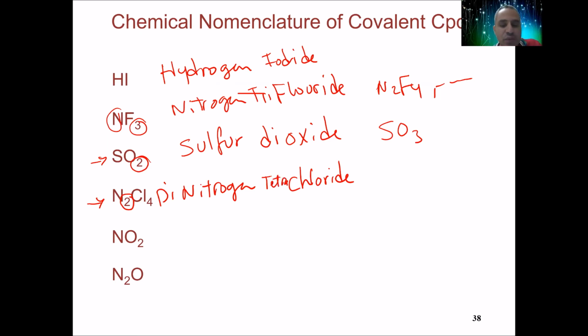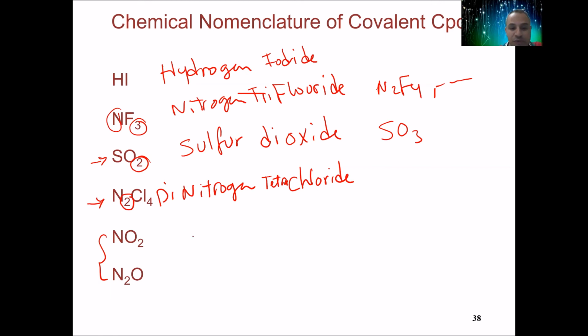So dinitrogen tetrachloride. And that is going to be very obvious when you compare these two examples here. The same types of elements are combining in two completely different combinations, with two completely different molecules in nature.